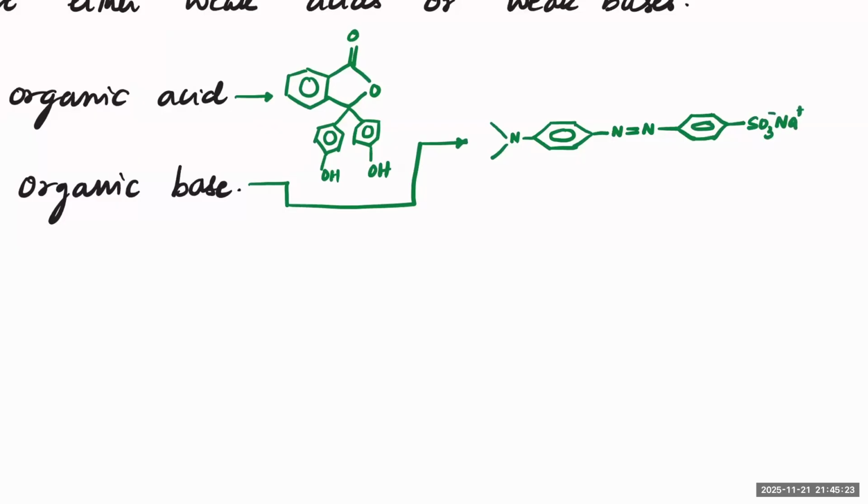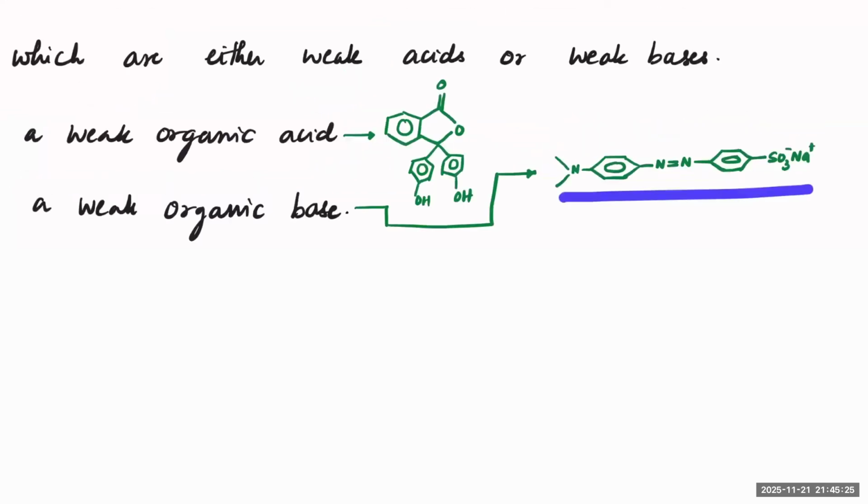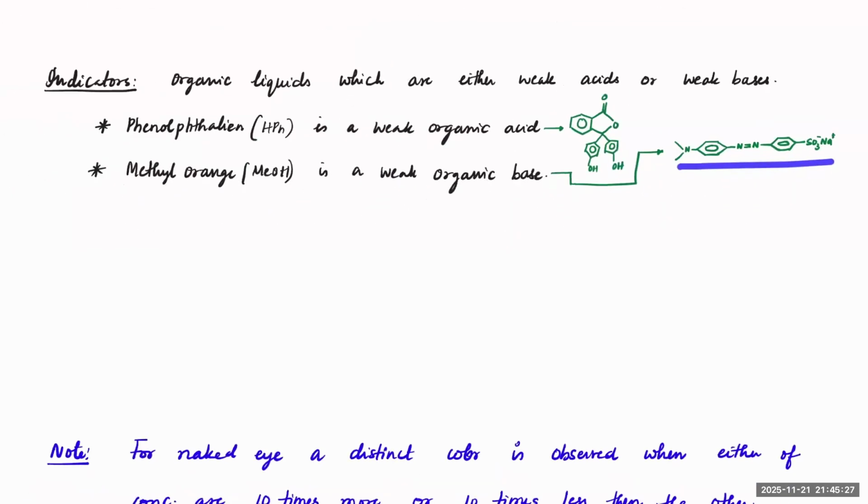This is called methyl orange. Got it? Start knowing it from right away, I mean, from this topic only. If you can start learning, it will be better, because by the time we come across organic reactions, you will know exactly what is the structure of methyl orange and phenolphthalein. Okay.